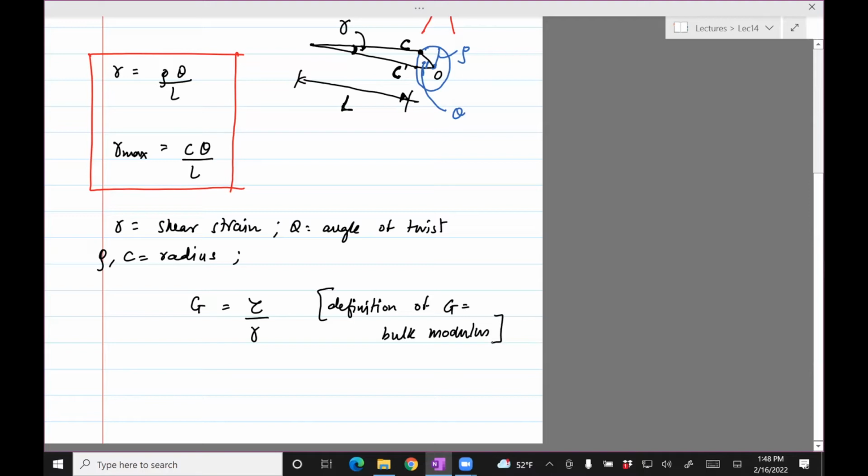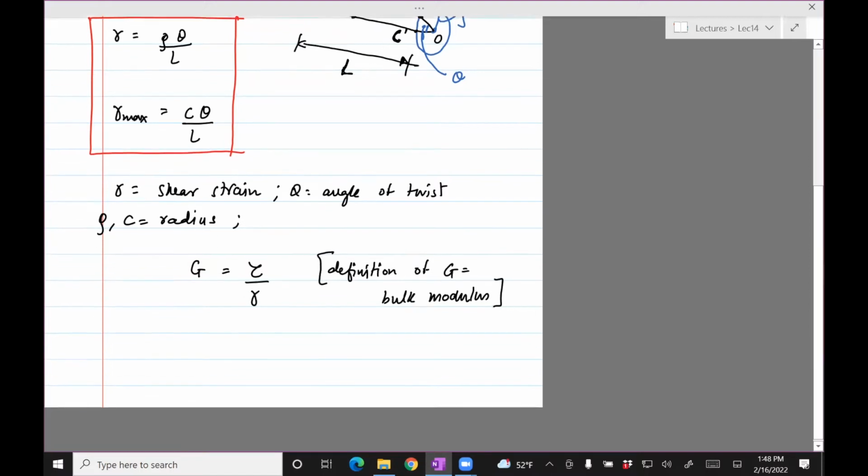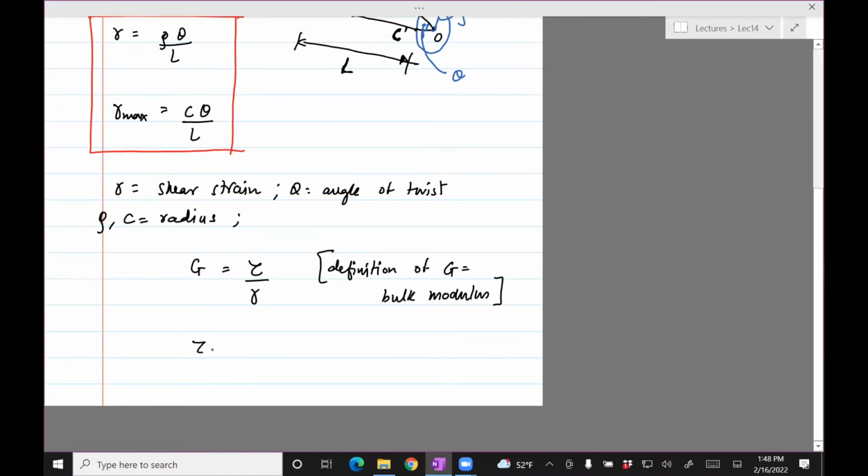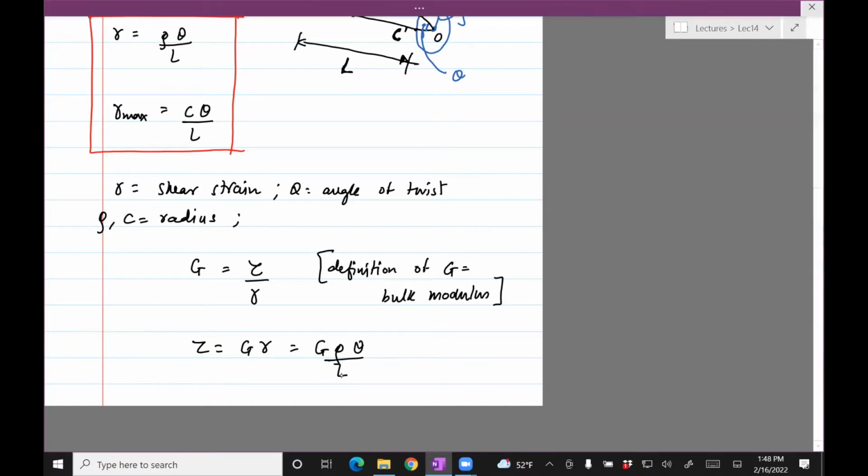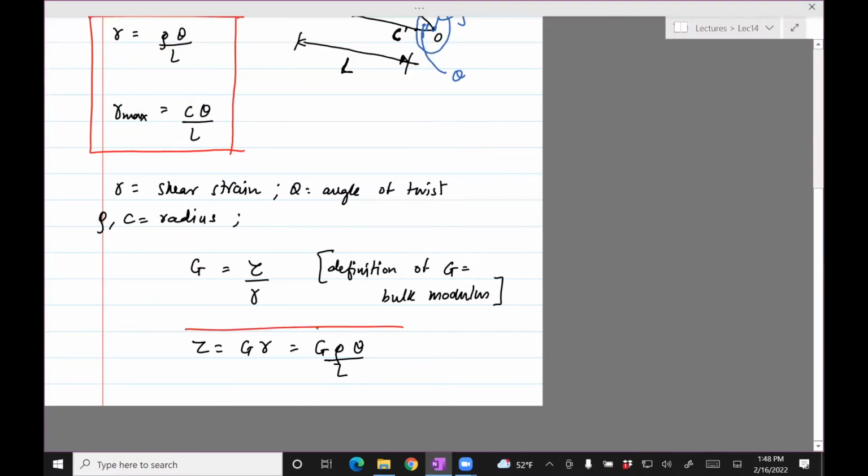In this case, this is the shear analog of that: tau, the shear stress, divided by shear strain. So tau equals G gamma. And then we can write this as G rho theta divided by L, where I just substituted the value for shear strain. That's our formula number 2.